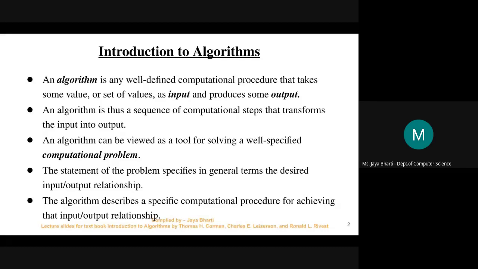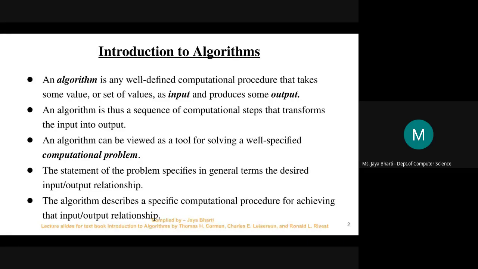The statement of the problem specifies in general terms the desired input-output relationship. So whatever statement you have been given, it will tell you the desired output: this is our input and we want this output. In the statement of the problem itself, it will be given what the input requires and what the output requires.